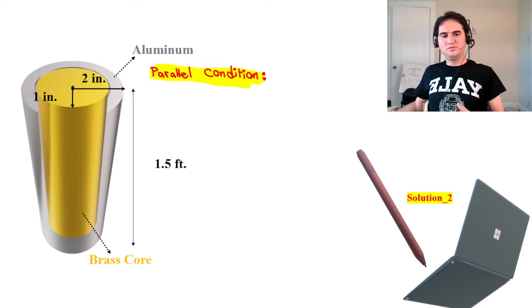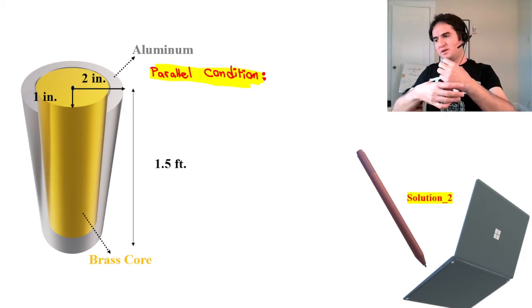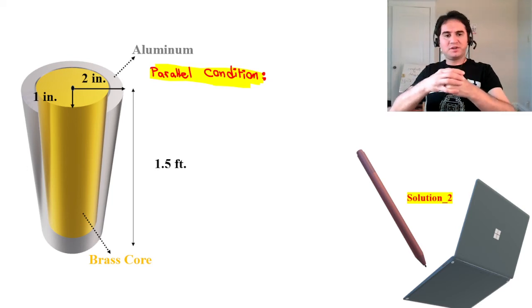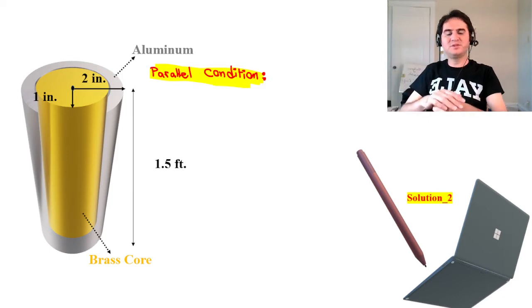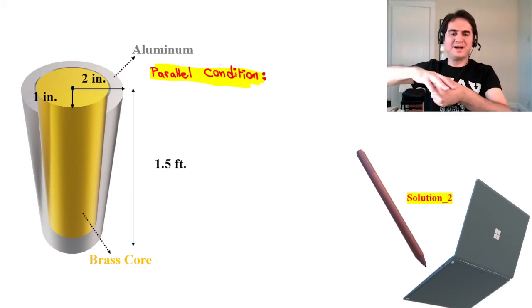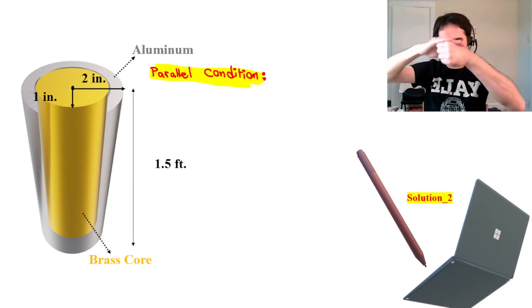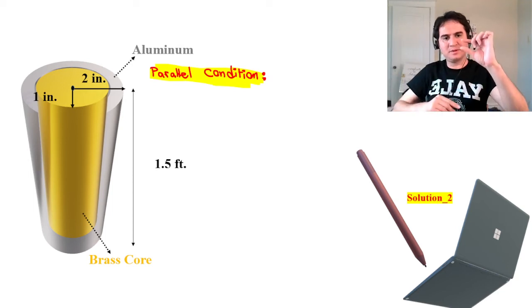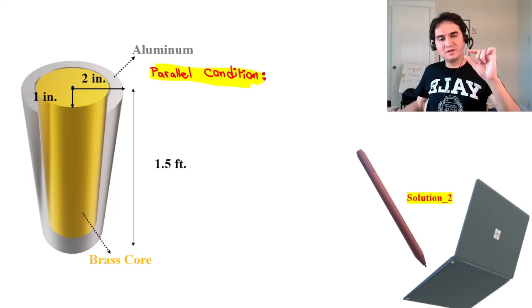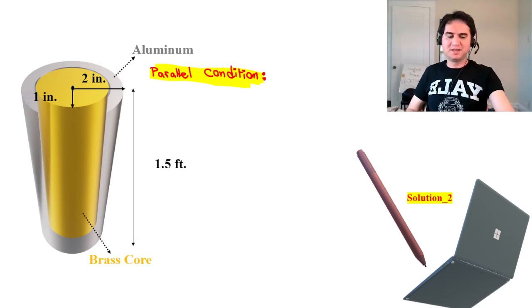So if two materials are bonded to each other and there is a force applied to them, there is no way to move at different distances. So brass and aluminum have no way to move down at different amounts of delta. Do you remember, delta equal is a hint to a parallel condition, and in a parallel condition delta remains the same, and force is distributed based on the stiffness of the material.